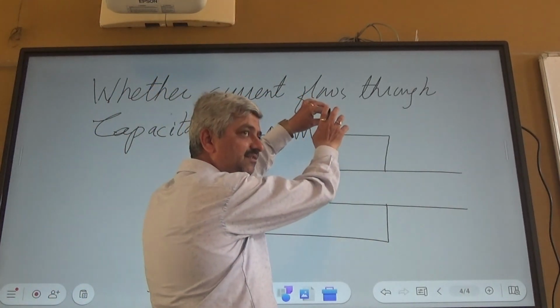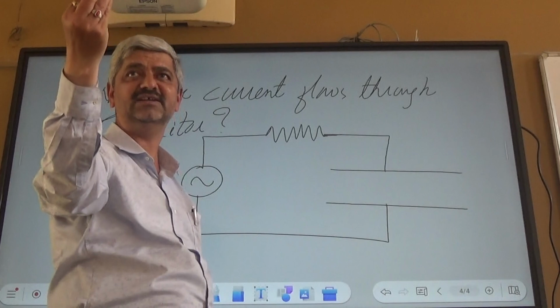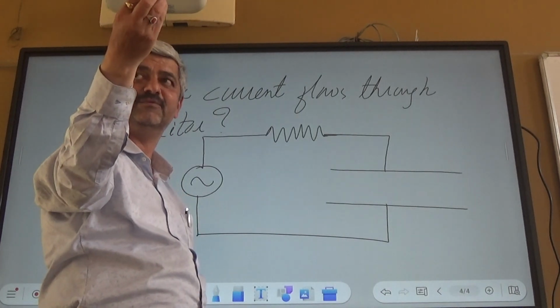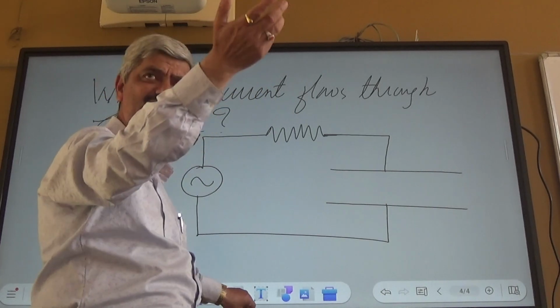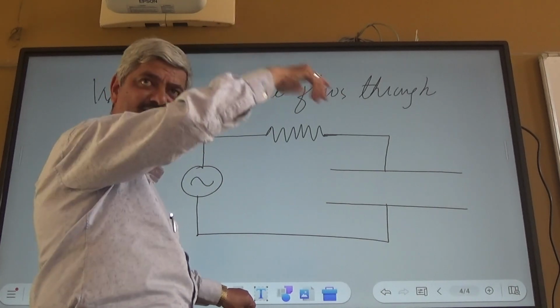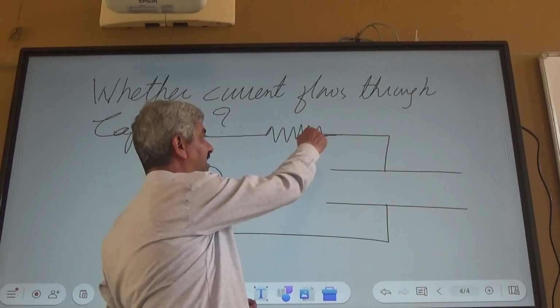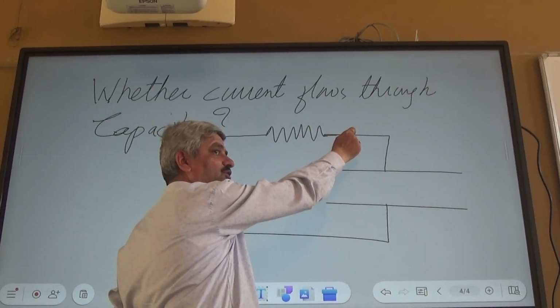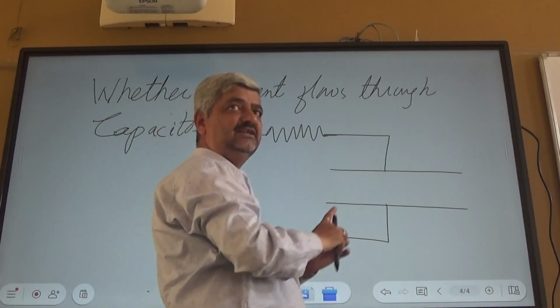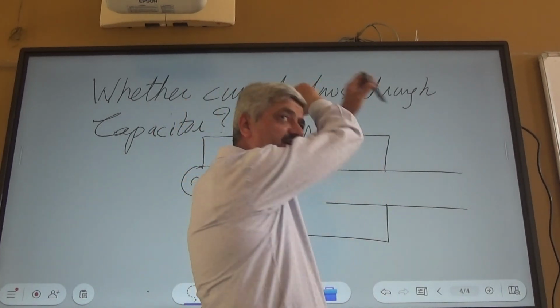Here, a few electrons are made colored. If only one colored electron is made, how will that colored electron move?